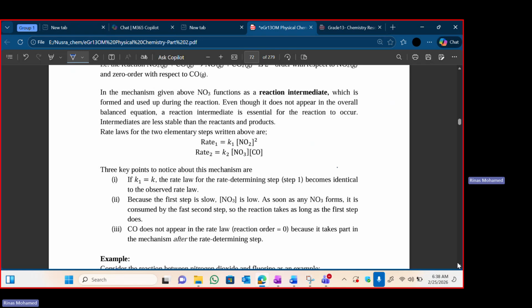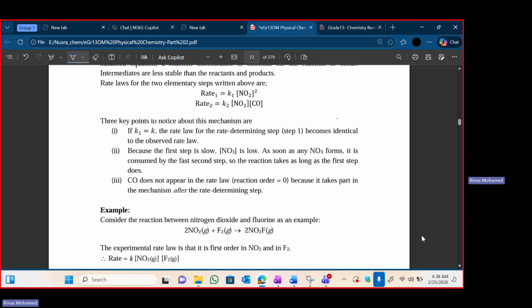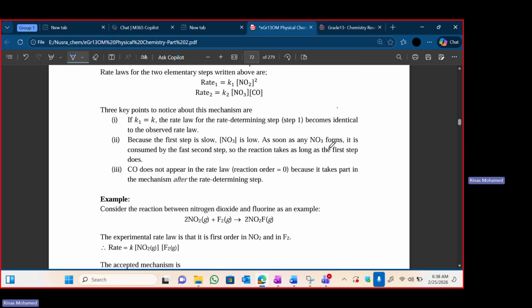Because the first step is the slow one. CO does not appear in the rate law. That means what? The reaction order with respect to CO gas is zero, right? Because it takes part in the mechanism after the RDS.